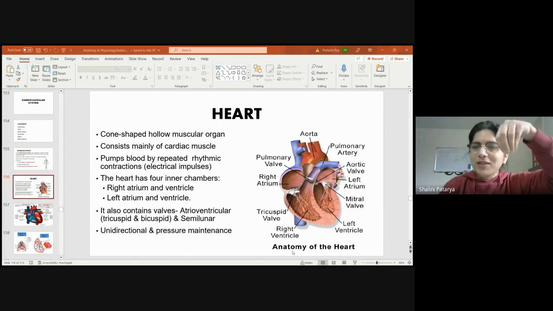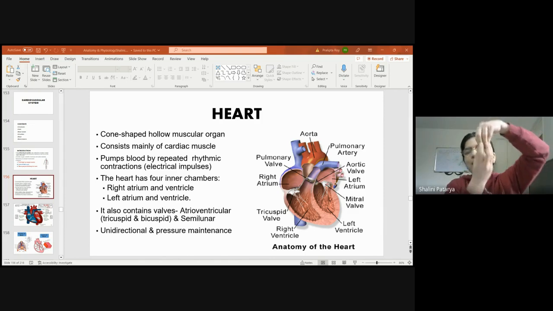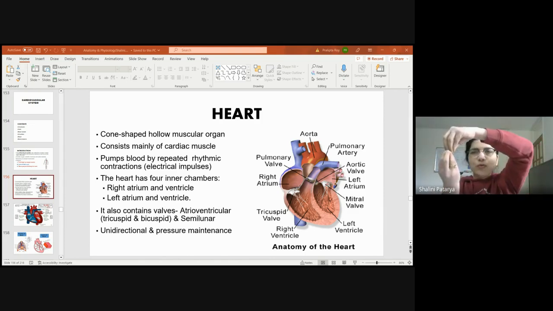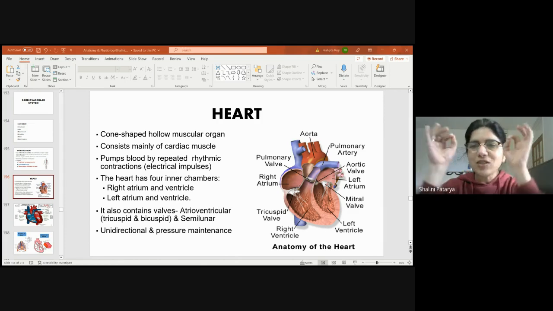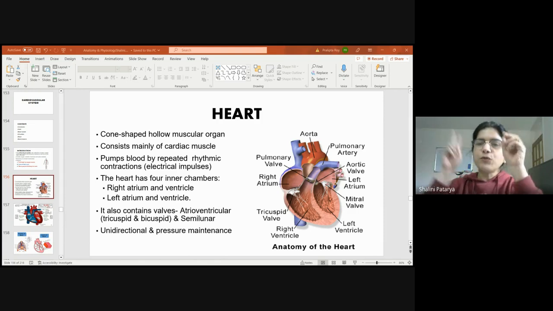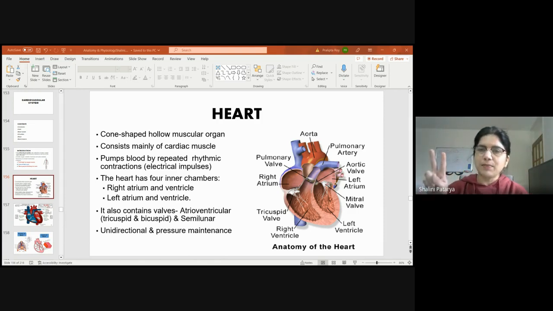Three means tri, so if three are there, that is called the tricuspid valve. If two are there, that is called the bicuspid valve. Valves are nothing but just a cork kind of thing, a cap, so that the flow will not be in the upward direction.